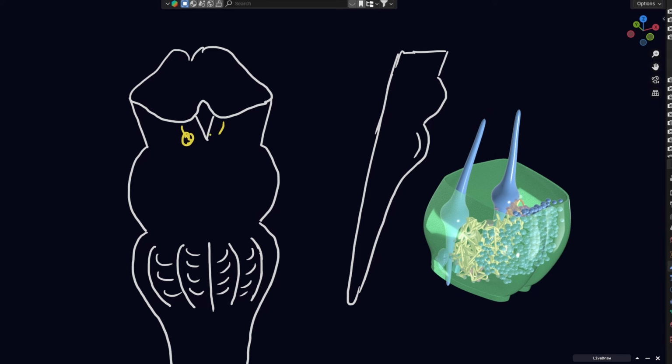They arise from the midbrain. So this is the third cranial nerve. Here also the third cranial nerve will arise from the midbrain. And the fourth cranial nerve arises from the back side of the midbrain, like this. Here as well, from the back side of the midbrain, the fourth cranial nerve.